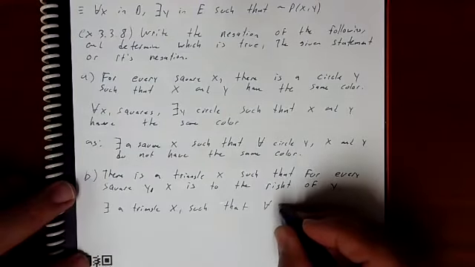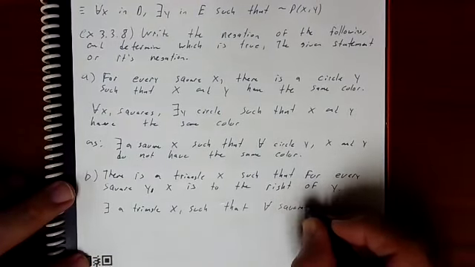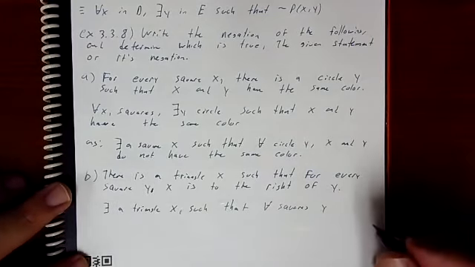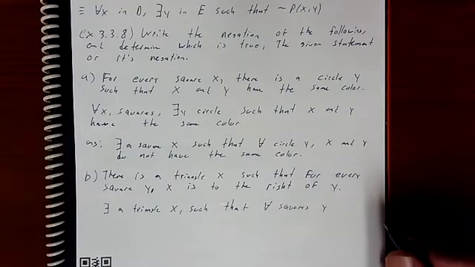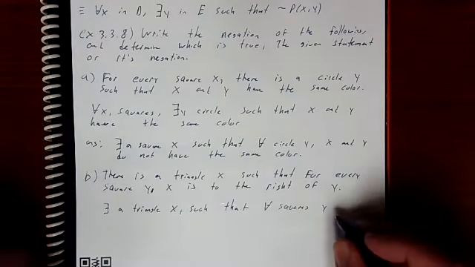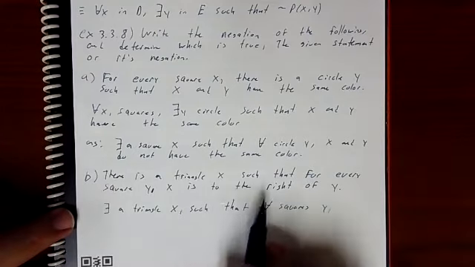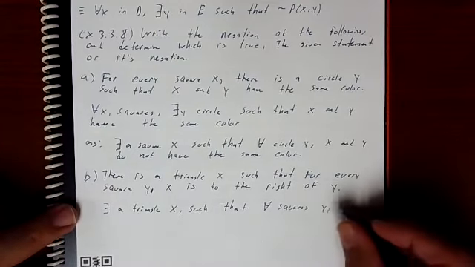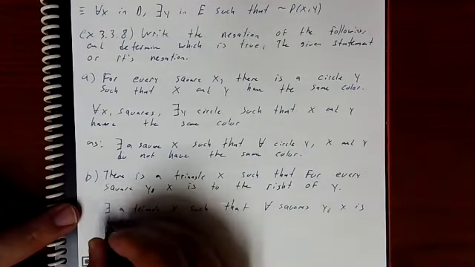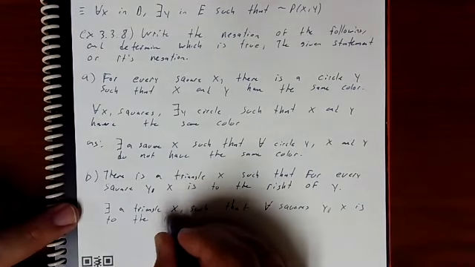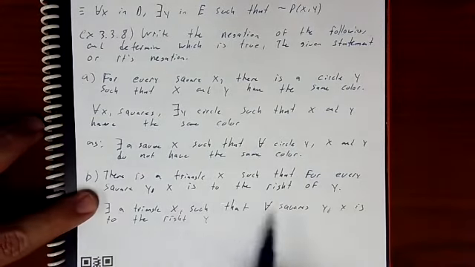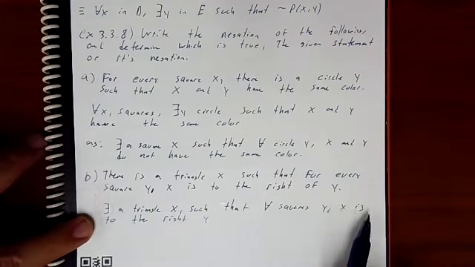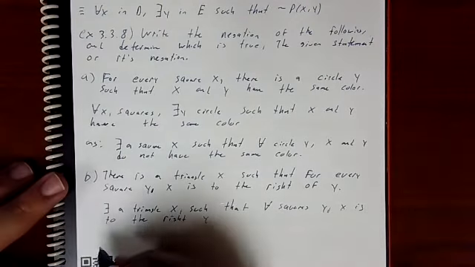For all squares y, x is to the right of y. So now let's do the negation. So this becomes for all, this becomes there exists, and then we'll say is not to the right. So that's all we gotta do.